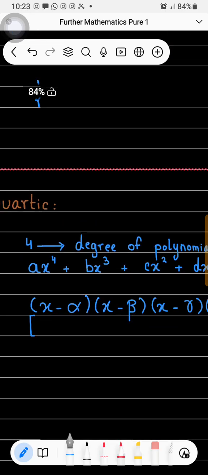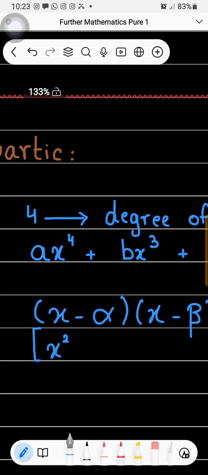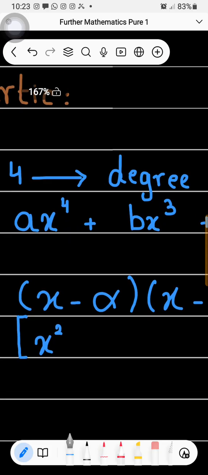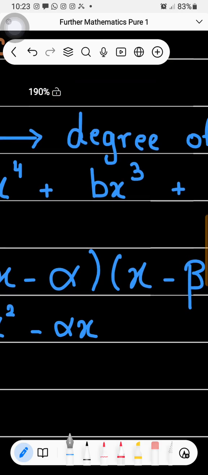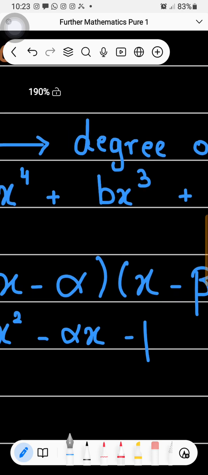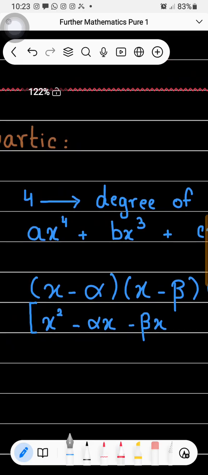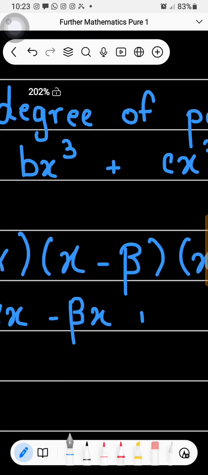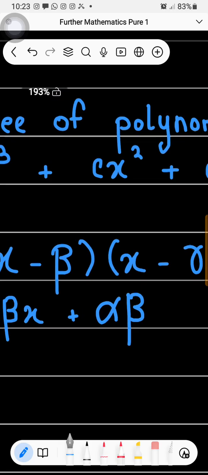X multiplied by x is x square, then minus alpha by x is minus alpha x, then x multiplied by minus beta means minus beta x, then we have minus alpha by minus beta means plus alpha beta. This is the expansion of the first two brackets.